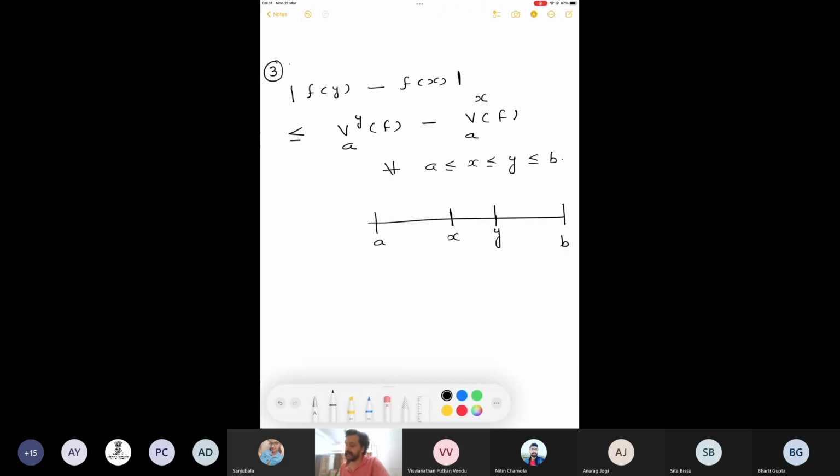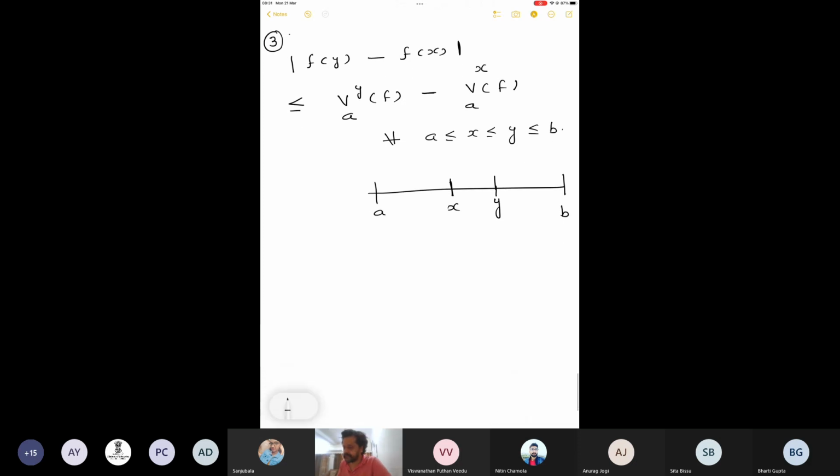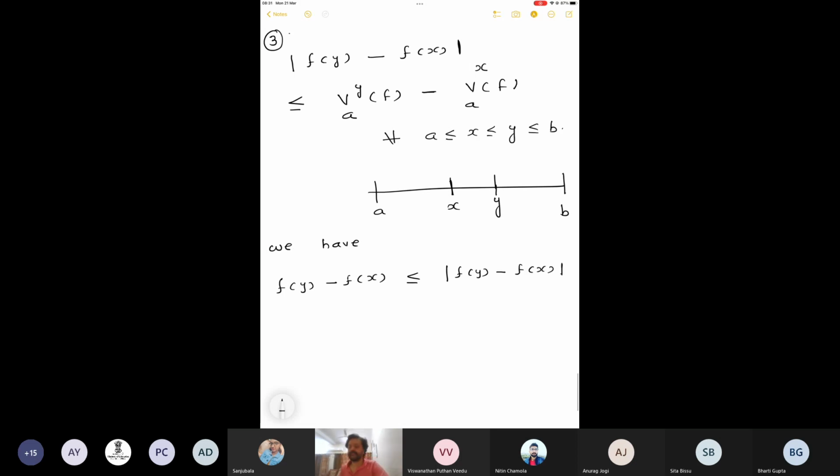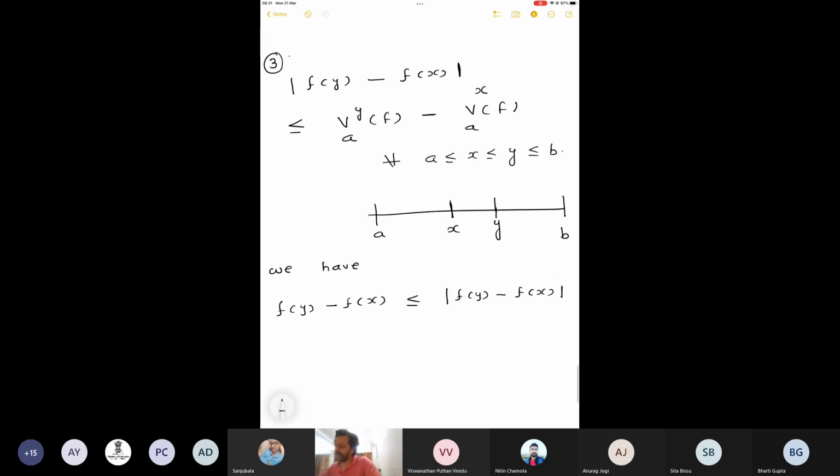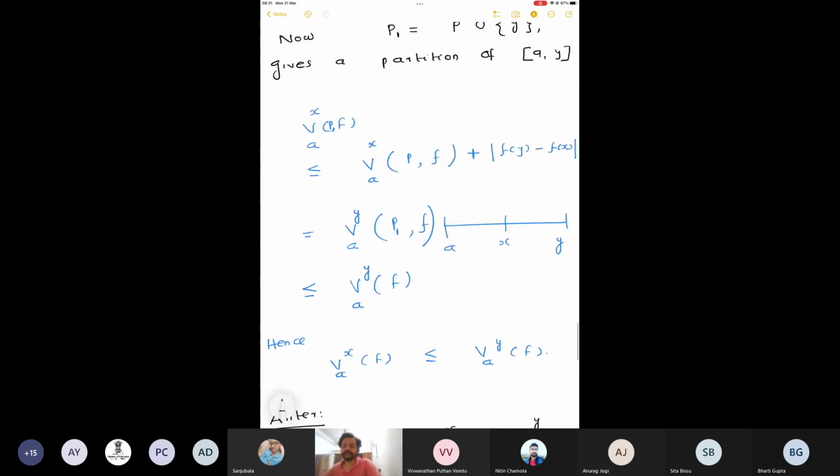Again, let us write a quick proof of this. We have f(y) minus f(x) less than or equal to mod f(y) minus f(x). Now look at the proof of the second fact that I have written here. I have written that the variation of f over the partition P over the interval [a, x] is less than or equal to this.